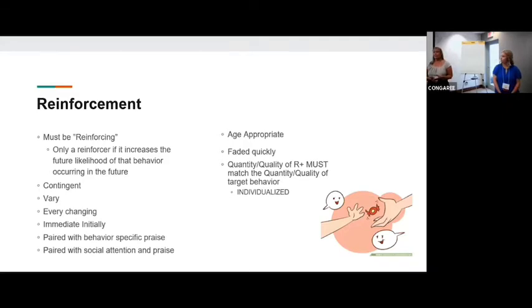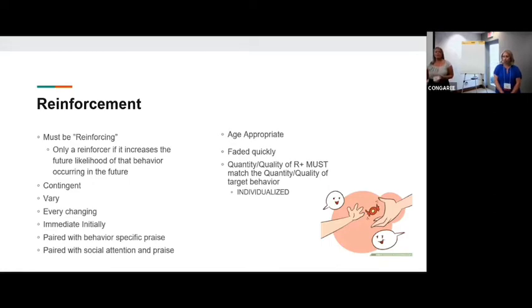Age appropriate. Some of our students might have different interests, and if they do like things that are maybe not as functional or not age appropriate, we don't want to completely take those away if they're their only things, but we really want to work towards making things as age appropriate as possible.